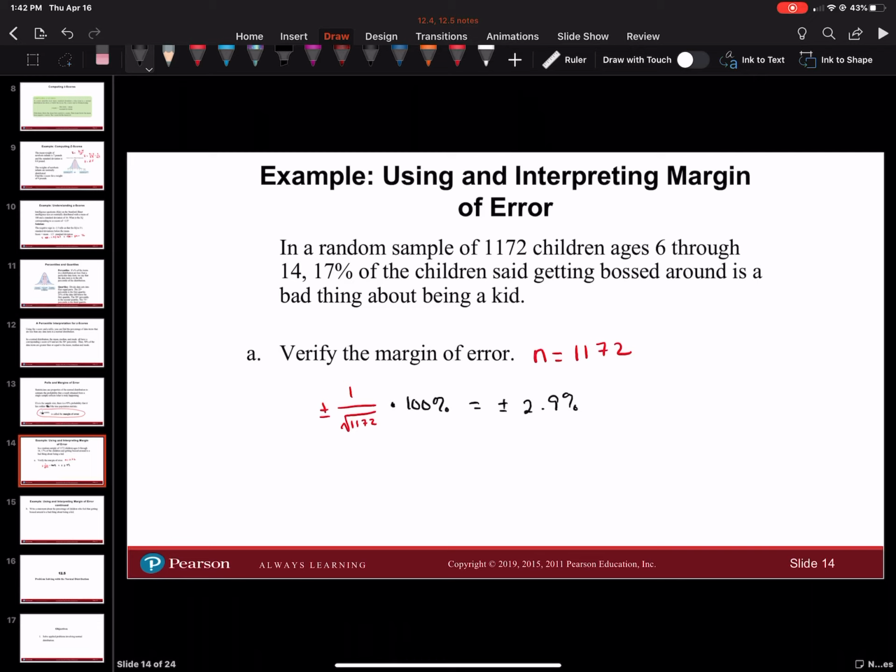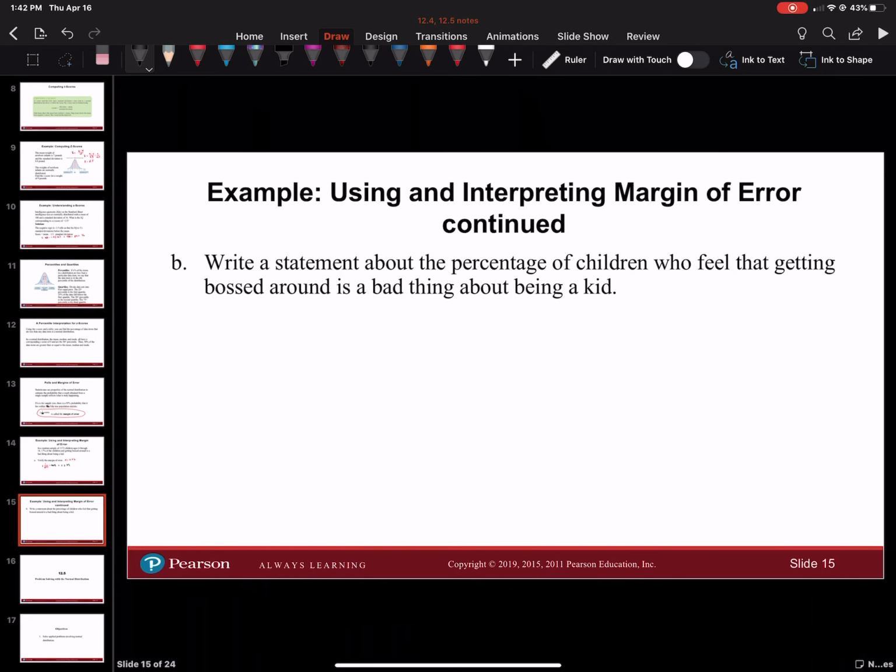Now, the next thing they ask you is to draw a conclusion from this. It says write a statement about the percentage of kids who feel like getting bossed around is a bad thing about being a kid. Now, we remember 17% said this, right?